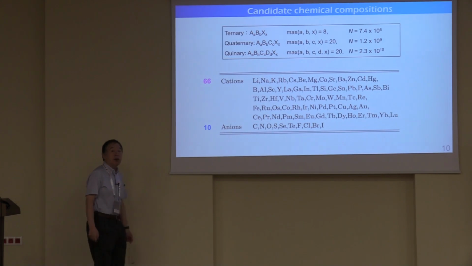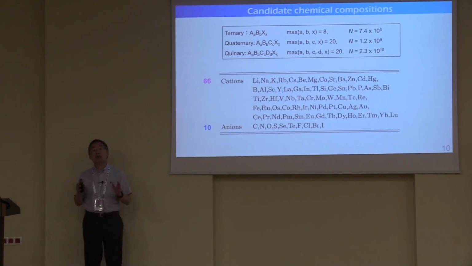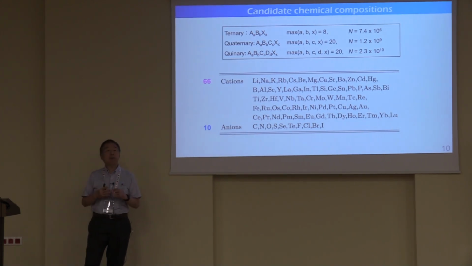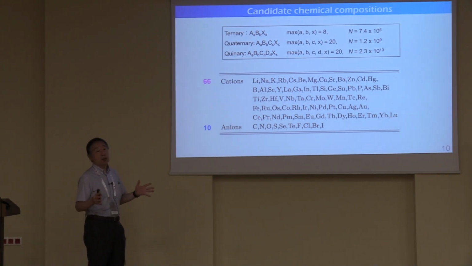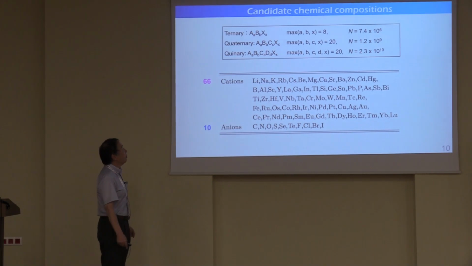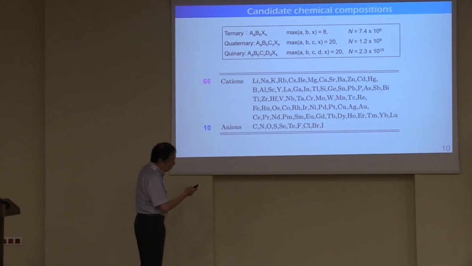The candidate chemical space yesterday was something like 1.8 million. We try to extend that to a larger chemical space. So we have chosen the ternary system with A, B, C, with the ratio up to 8, then it becomes 7.4 million.